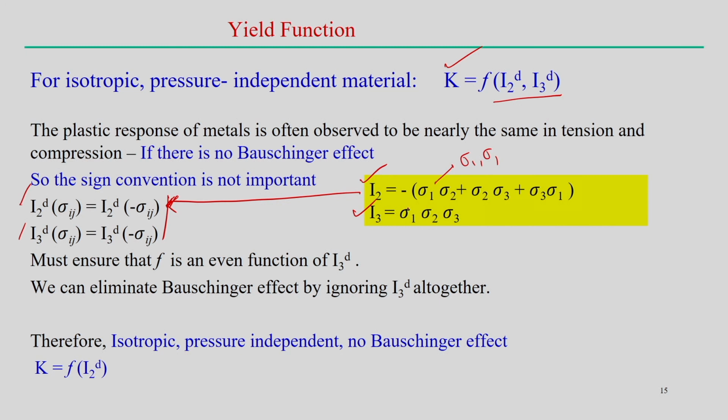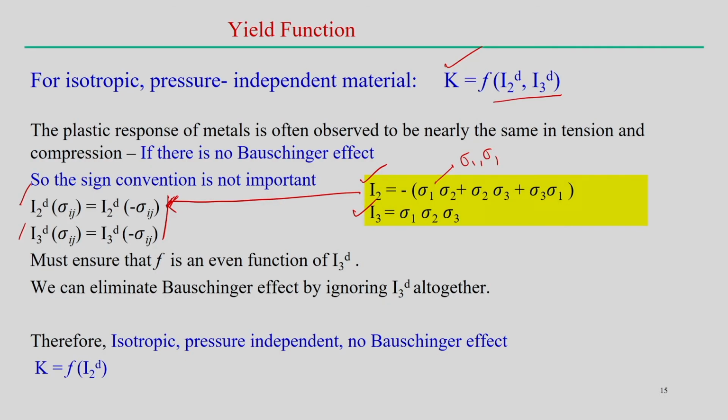But if we change the sign of sigma 1, sigma 2 and sigma 3, I3 changes sign. It means that F is an odd function, that it depends on the sign convention, so it does not satisfy the condition of no Bauschinger effect.